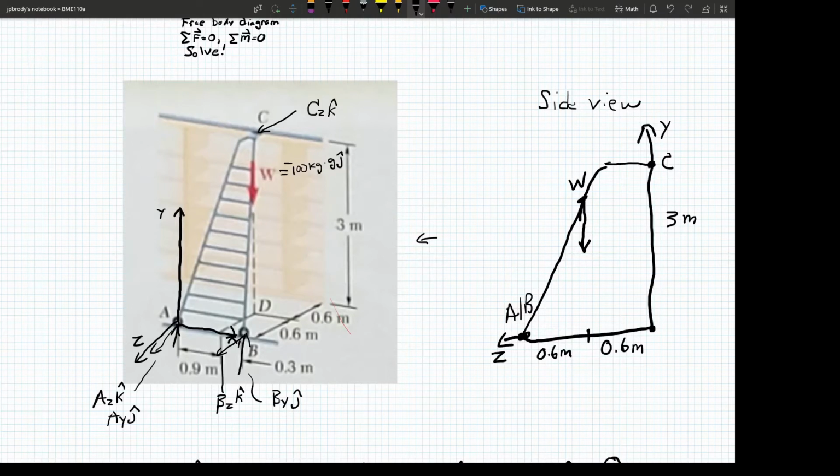I picked this as my origin. We're going to compute the moments about point A. So the R to all these forces at A are 0. Then I just have to do R cross F for the forces at B, R cross F for the forces at W, and R cross F for the forces at C.